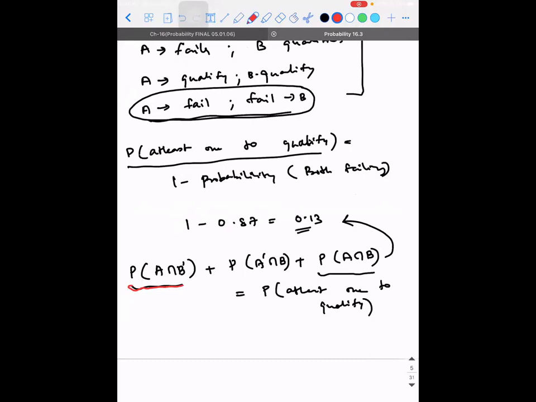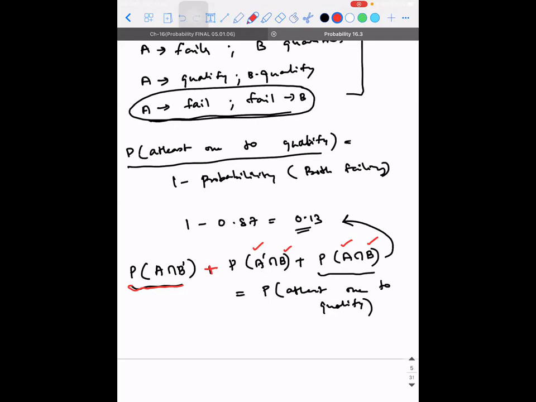A is qualifying, B is disqualified. Or what? I'm using a plus here because it's an or scenario, not an and scenario. Or what else could have happened? A could have got disqualified, B could have qualified. So these two are satisfying at least one. But when at least one comes, what is the other scenario? Both can also qualify, no? If both of them have to qualify, it is A intersection B.